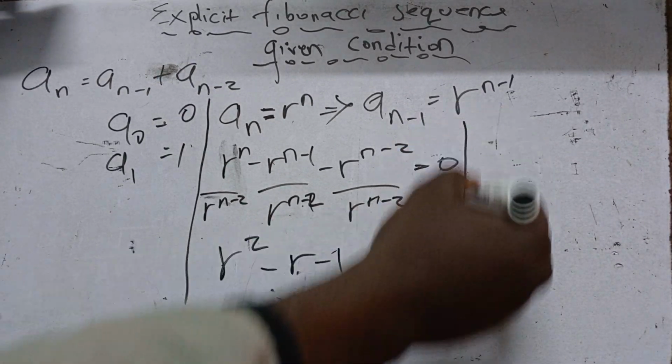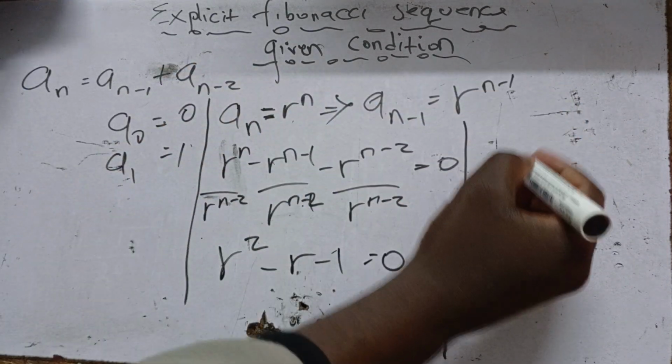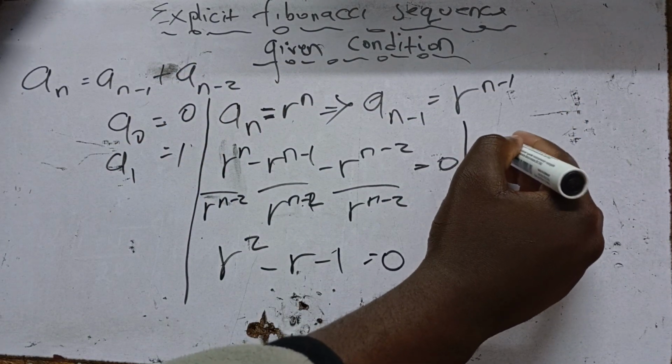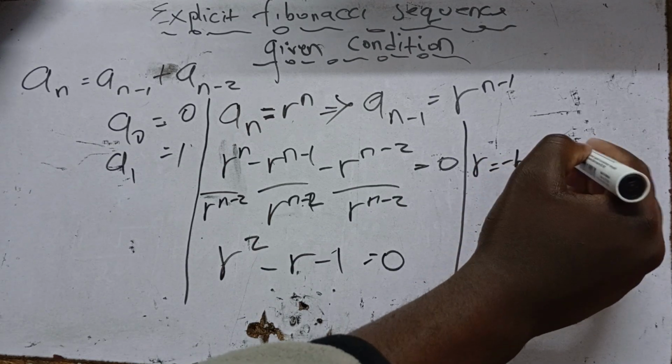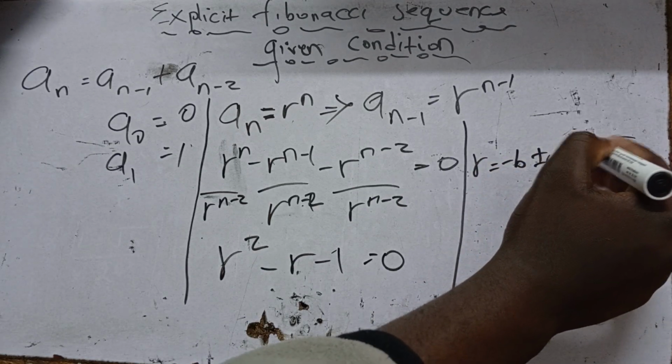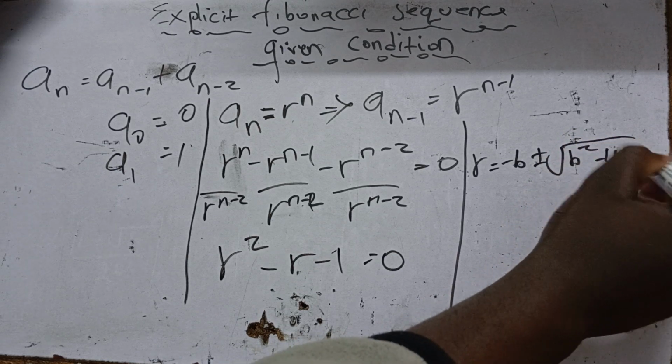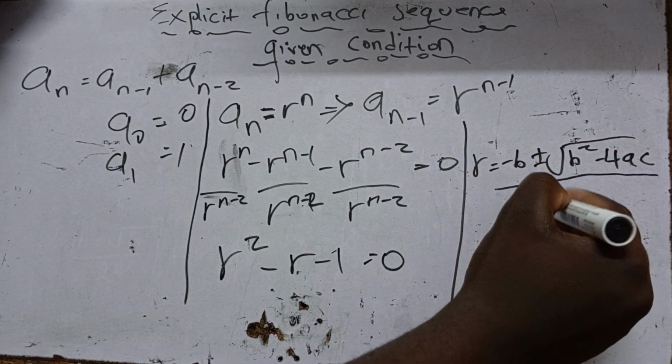So I prefer you do finding r using the quadratic formula: negative b plus or minus the square root of b squared minus 4ac, divided by 2a.